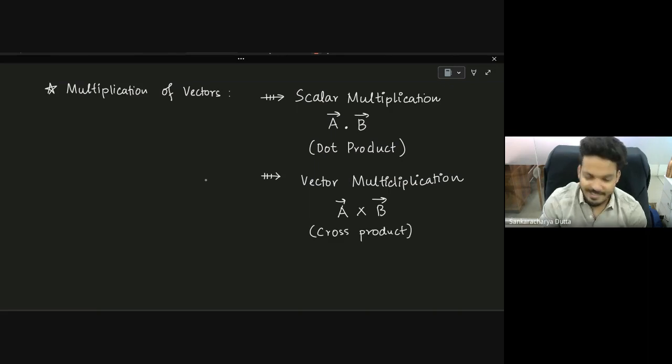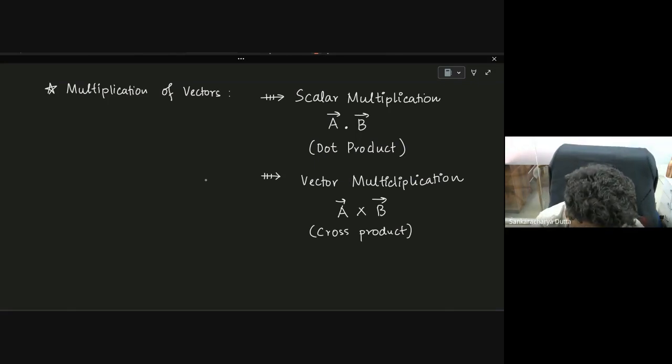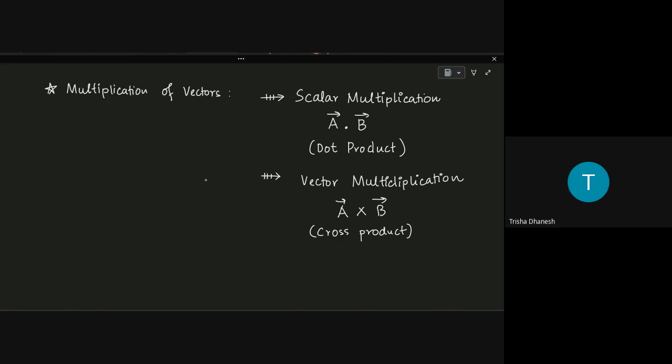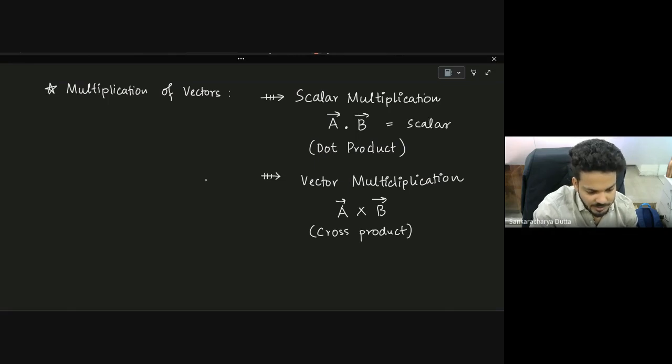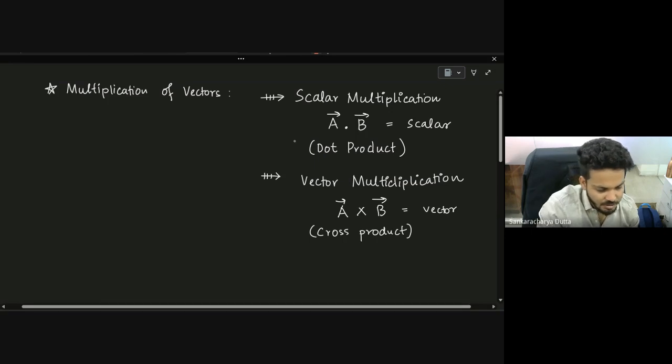So take a wild guess and tell me what will be the result of this multiplication. Will it be a scalar quantity or a vector quantity? No, it will be a vector quantity. The first type of multiplication gives you a scalar answer. This gives you a vector answer, hence the name vector multiplication.